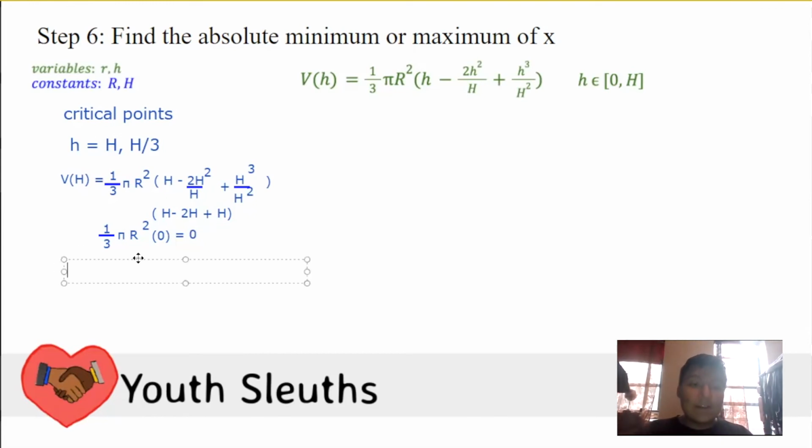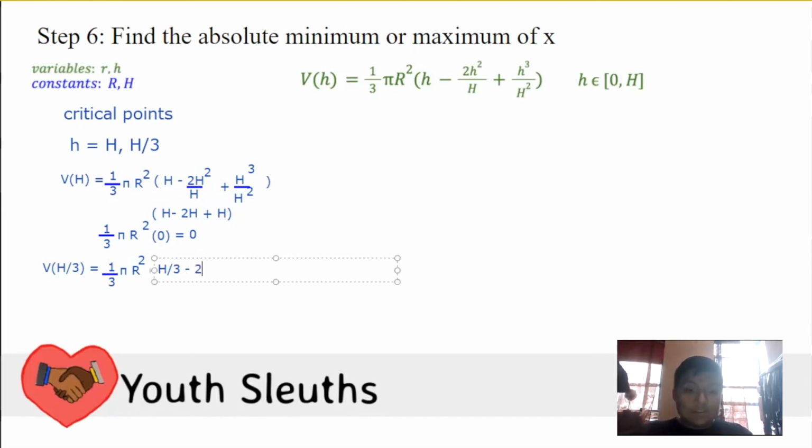Now we have to do the same, but for big H divided by 3. So we follow the same procedure, and we have 1/3 pi R squared, and then inside the parentheses, we begin substituting in. So we first start with big H over 3 now.